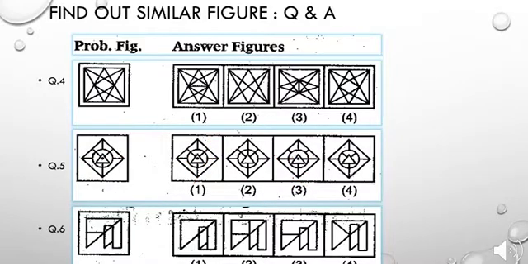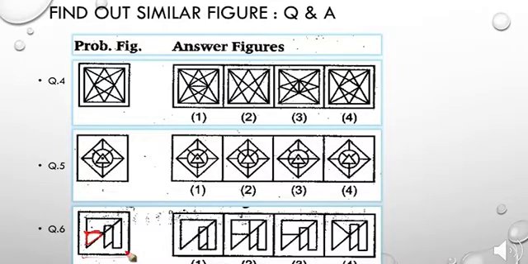Now let's go to question number 6. In question number 6, the outer design is a square which is common in all the options. Let's study the smaller designs in the problem figure. We find that there is a rectangle formation here.